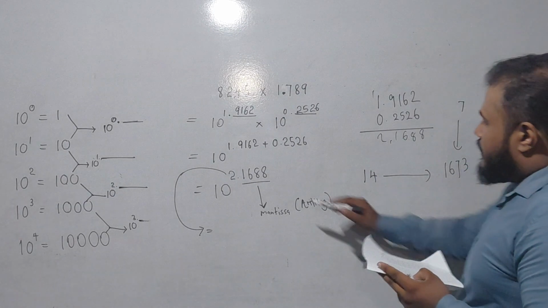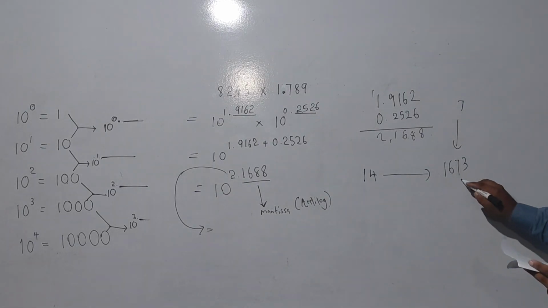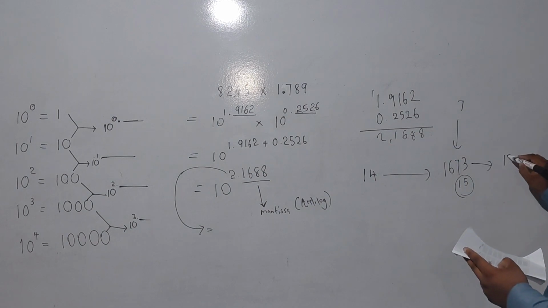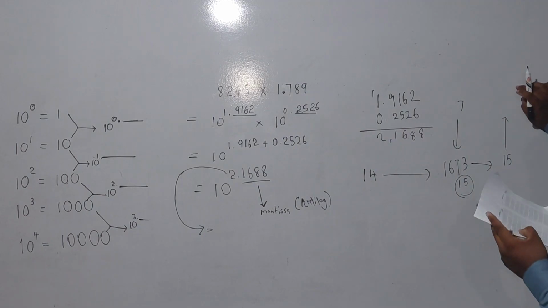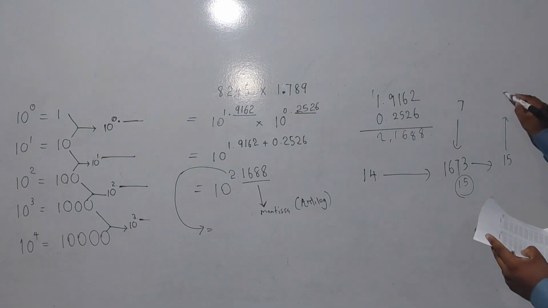We need 1688. 15 is lacking. So, find where that lacking 15 is inside the mean difference and find what value in the mean difference carries 15. 15 is carried by the value 5.